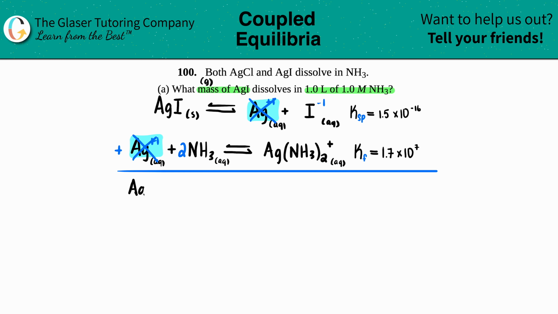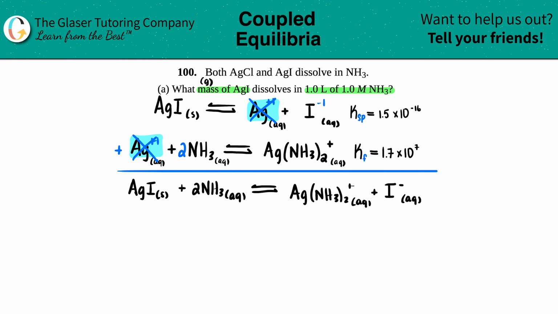I have AgI, that's the solid, and now it's in the same equation as the NH3. Perfect. And this comes to equilibrium, a double arrow between the two products, Ag(NH3)2 plus, that's aqueous, and the I minus, that's aqueous.